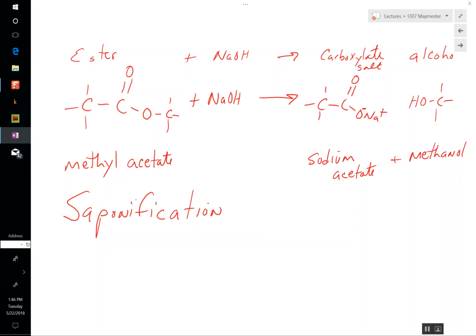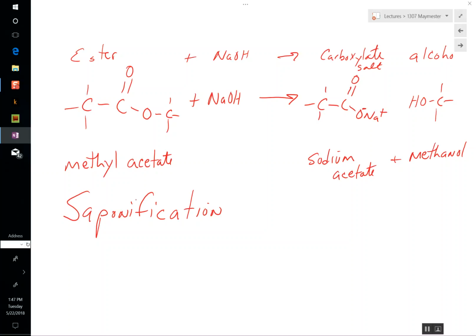Isopropyl benzoate plus sodium hydroxide. You still get the same alcohol, don't you? Isopropyl alcohol. What's the difference over here? Take this H out of there, and you get sodium benzoate and isopropyl alcohol.